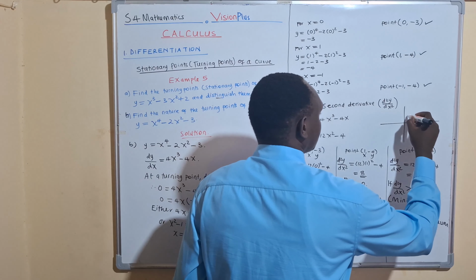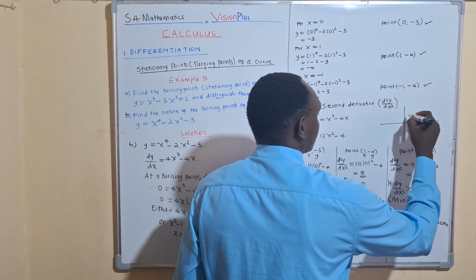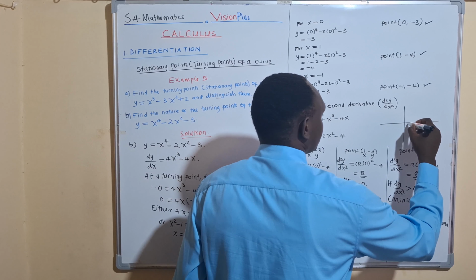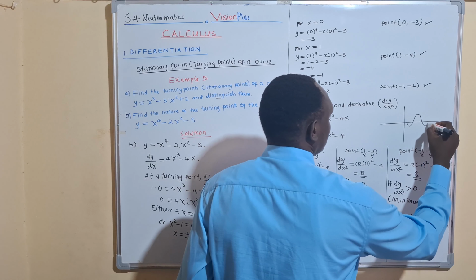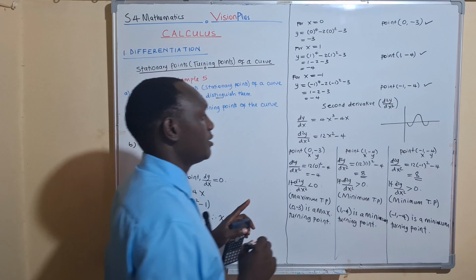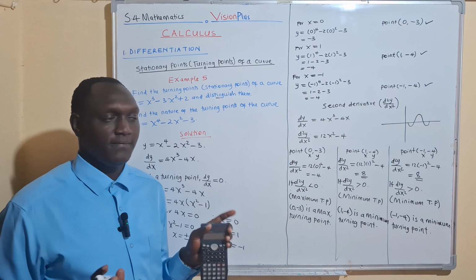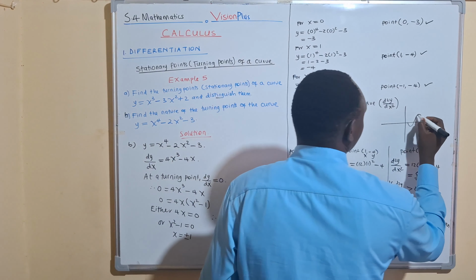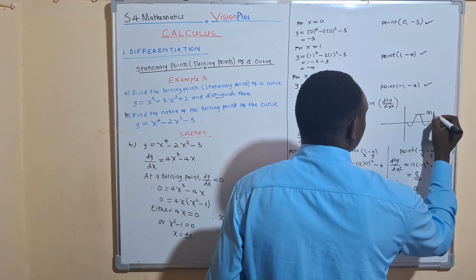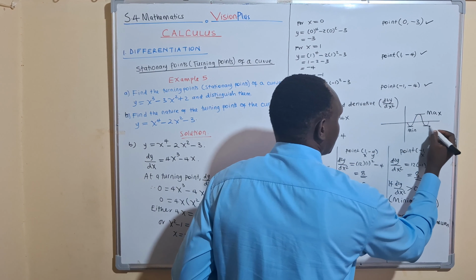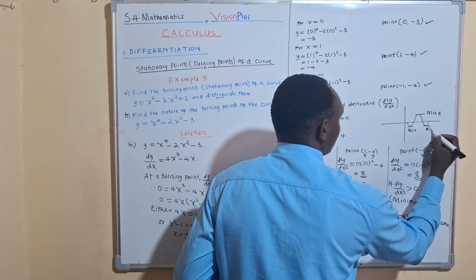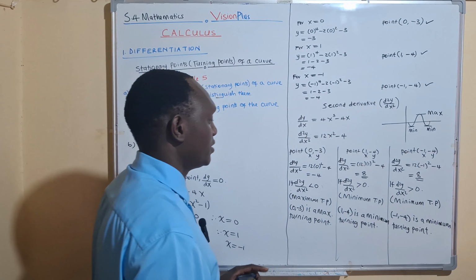Probably I have something like this, where I have one maximum point and two minimum points, but at different coordinates.